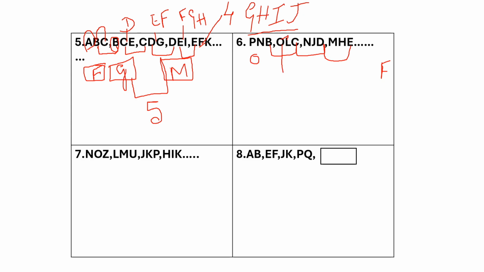In between, M, N, J. In between N and J, 3 letters are there, that is K, L, M. Now we'll check. It should be 4. So after H, I, J, K, L. Yes, we are right.